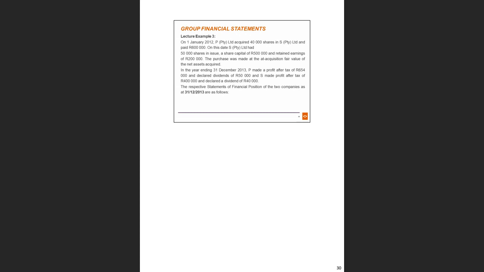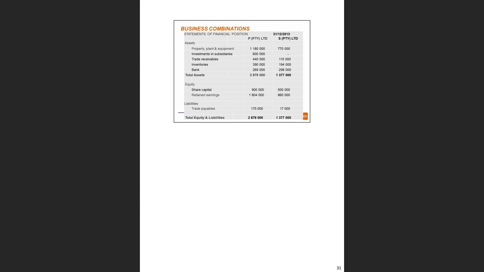In the year ending 31 December 2013, P made a profit after tax of 654,000 and declared dividends of 50,000. And S made profit after tax of 400,000 and declared a dividend of 40. The respective statements of financial position of the two companies are as follows.